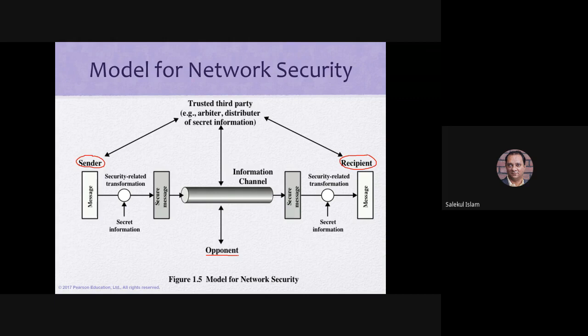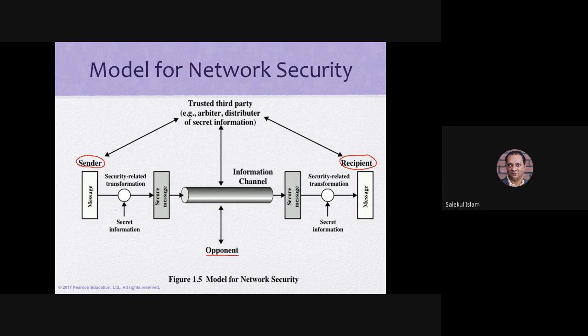Anyone can access the internet. You cannot say, okay, I am using the internet to send some information, but I can guarantee that there will be no attacker. This is not a practical assumption. Whenever you are sending something through a public channel, you have to understand there might be some opponent or some attacker.